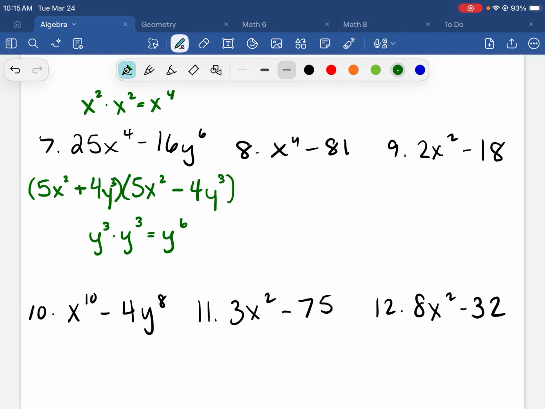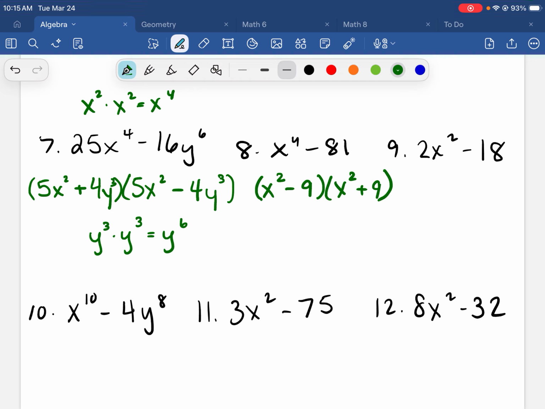Number 8, x to the 4th minus 81. Kind of similar to number 7 in that it's not x squared anymore, but because we have that even power, that's still a perfect square. So x squared minus 9 and x squared plus 9. Well, x squared minus 9 is also a perfect square, so we can factor further.